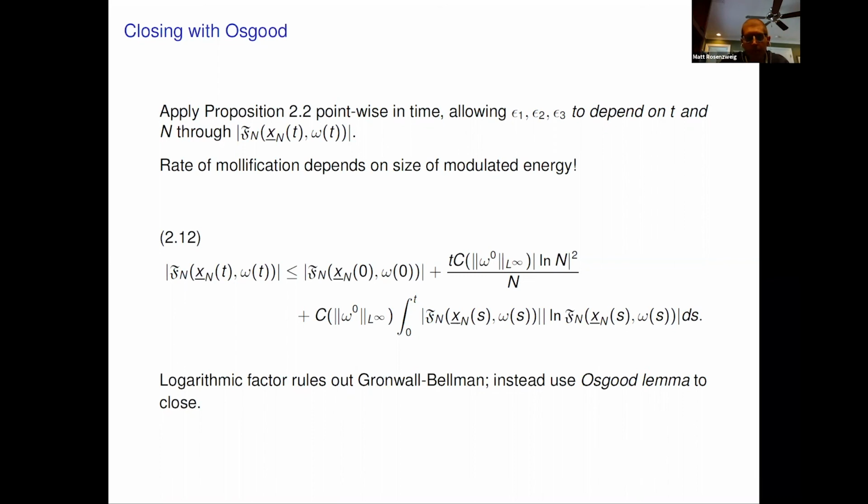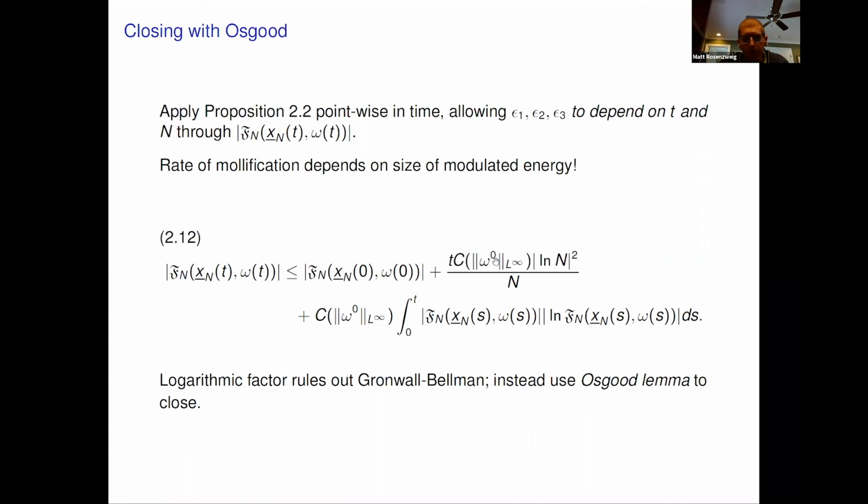So the takeaway is that the rate of mollification depends on the size of the modulated energy itself. And after some simplification, in caricature, this leads to an integral inequality for the modulated energy given by equation 212.